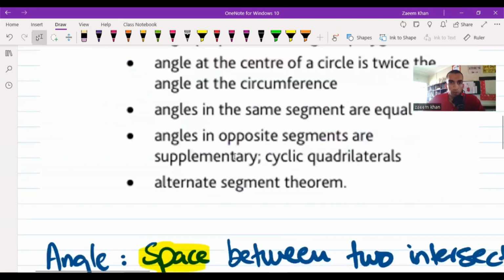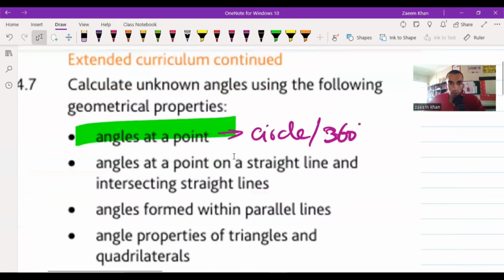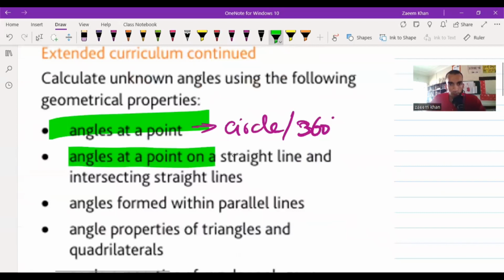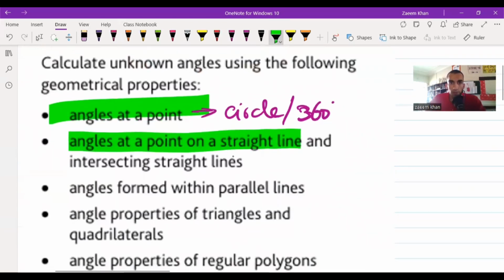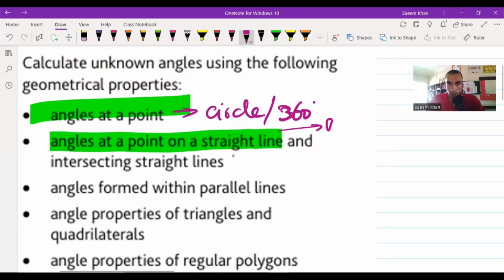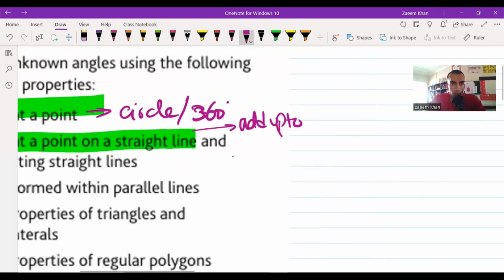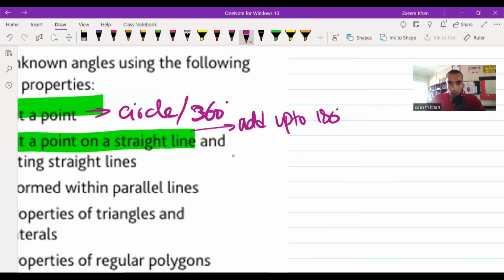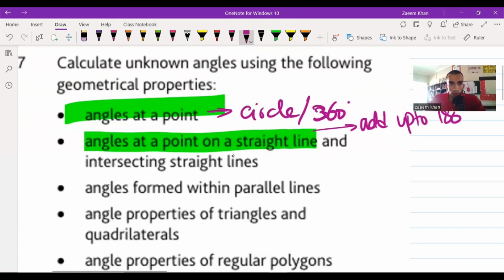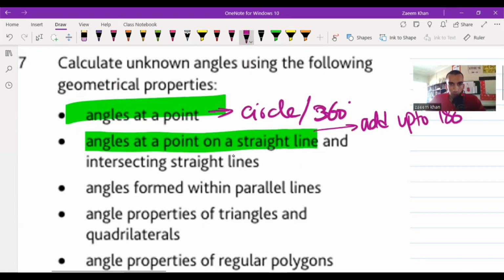We're done with that too. That's only the first part. They add up to 180. What is another word for numbers that add up to 180? Supplementary. Perfect. Well done.